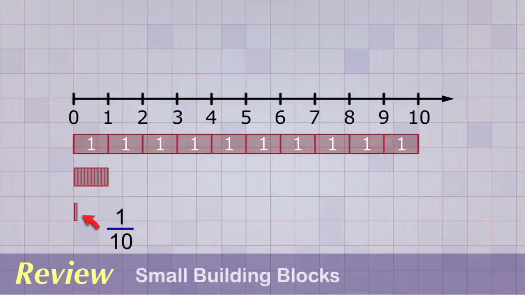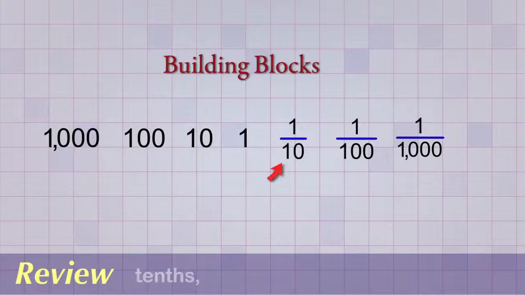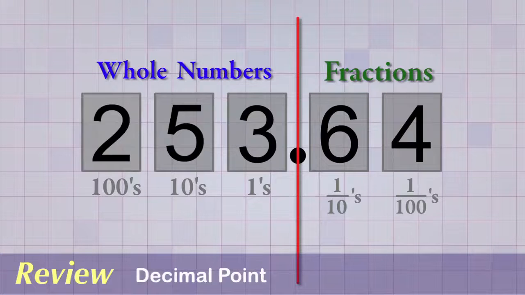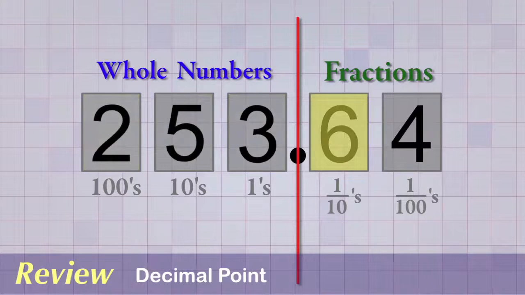There are also very small base 10 building blocks, fractions that are smaller than 1, that help us make really small numbers. These building blocks have names like tenths, hundredths, and thousandths. The decimal point is a separator that goes between the number places that count values of 1 or greater from the number places that count values smaller than 1. To make sure you understand how decimals work and how they relate to fractions, be sure to do those exercises.